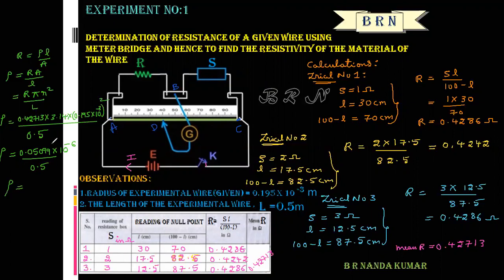So finally, we will get 0.1019 into 10 power minus 6, which is micro. What is the unit? Ohm meter.